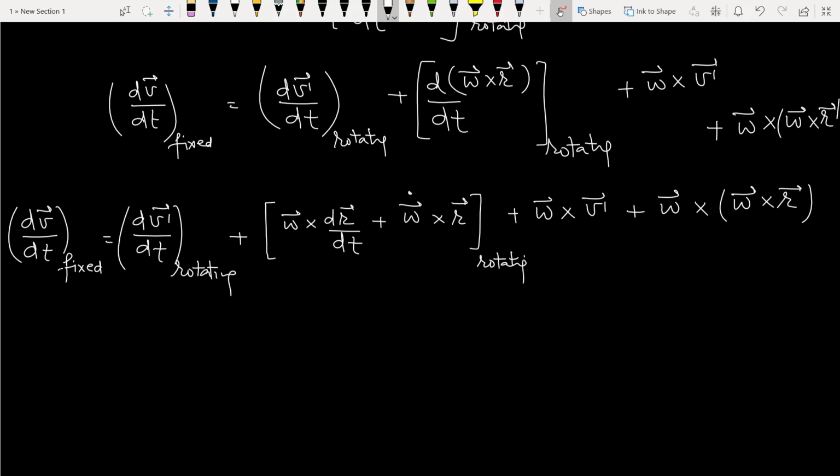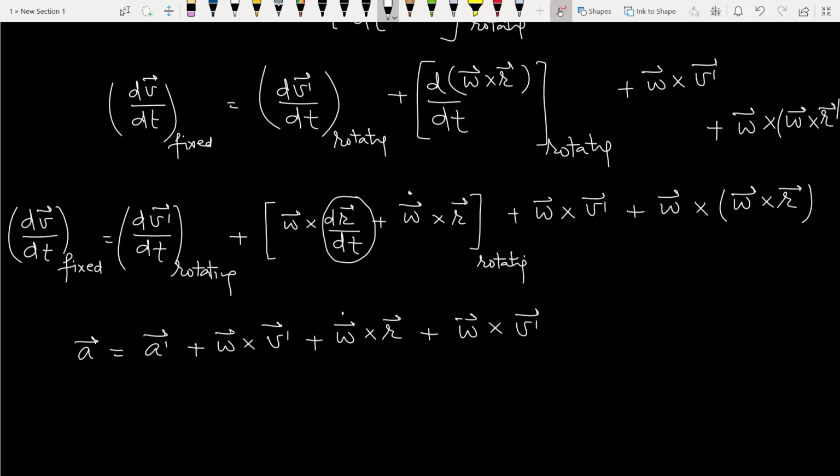So if we write this is derivative of velocity, it is acceleration in S frame. It is acceleration in S dash frame plus omega cross derivative of distance with respect to time, it will be velocity. As it is in a rotating frame, so it will be v dash plus omega dot cross r plus omega cross v dash plus omega cross r.